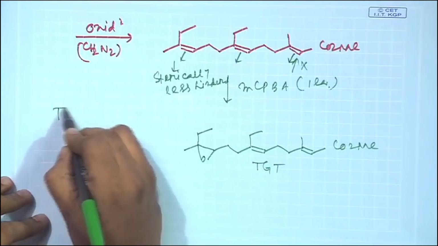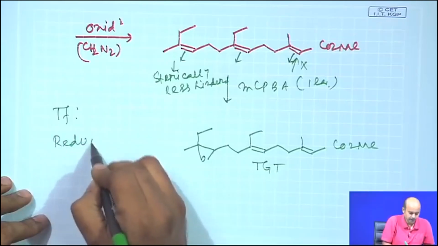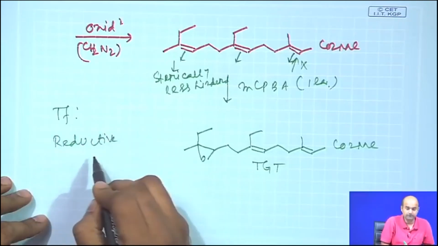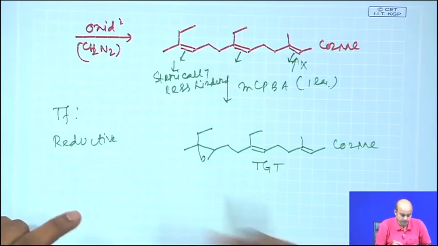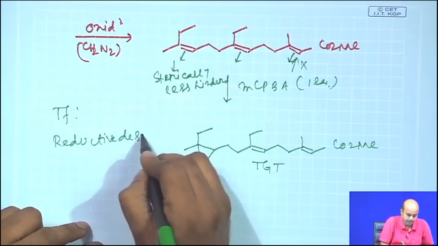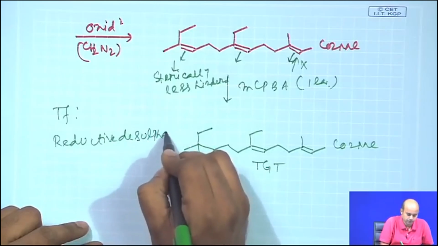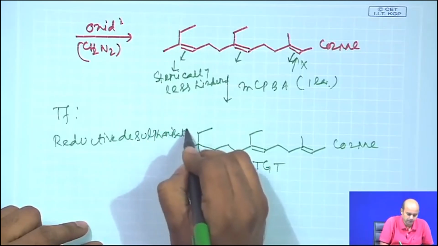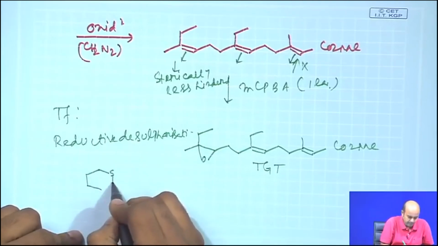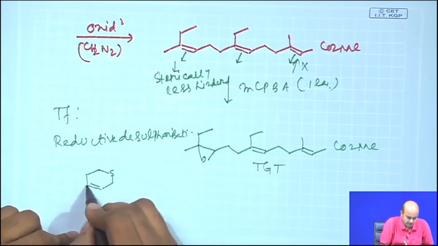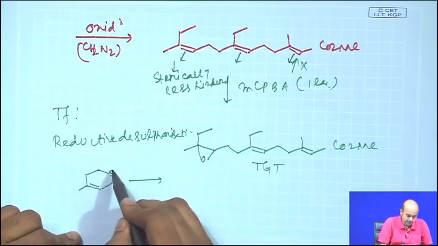The transformation which is used is basically a reductive desulfurization as I said, and remember this sulfur is basically acting as a temporary connection. Reductive desulfurization we used, and as I said the crucial reaction is basically the sulfur which we are removing.